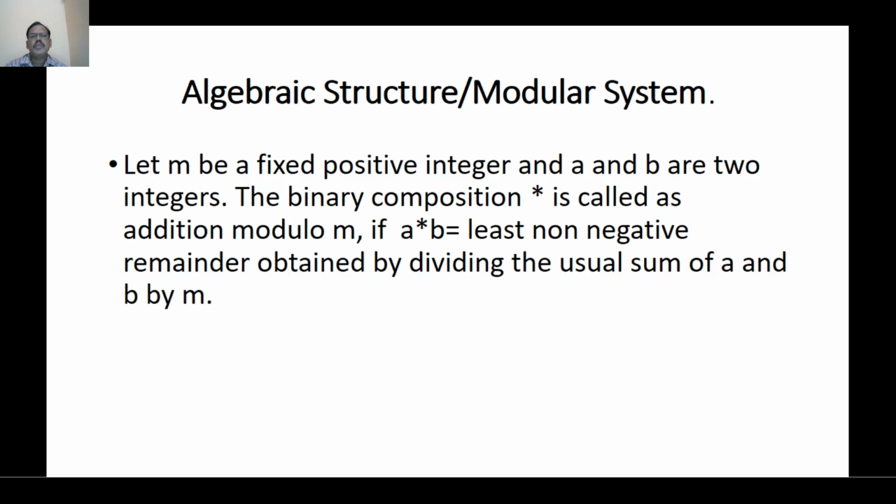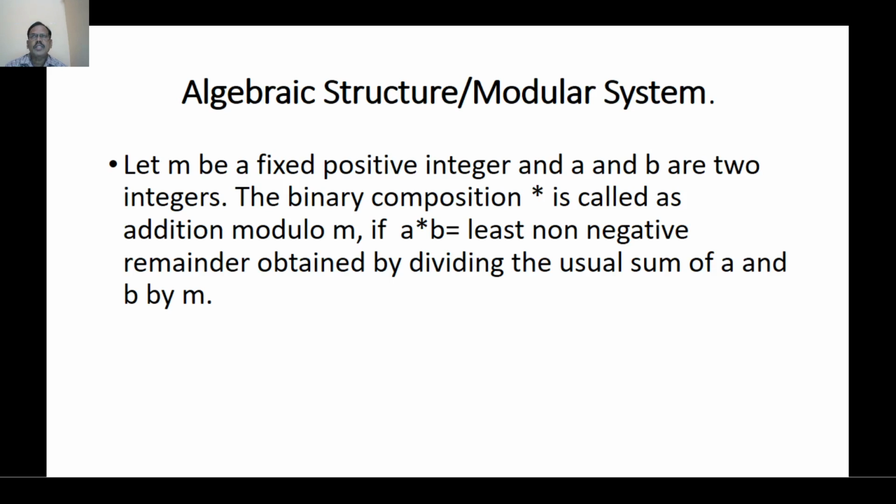Suppose m is 5, if you add 4 and 3, we get 7. Then in place of 7, we have to put 2, because if you divide 7 by 5, the remainder is 2, like that.